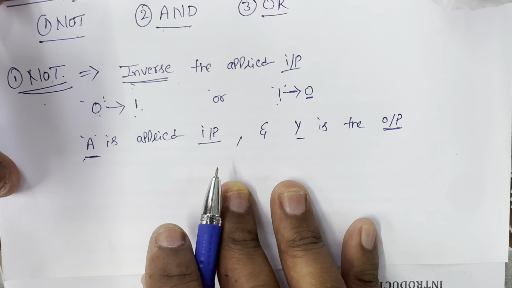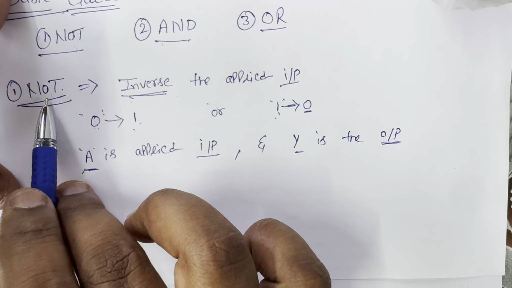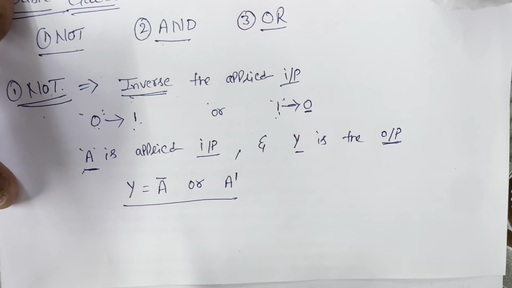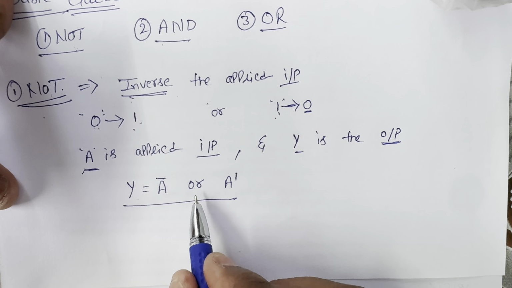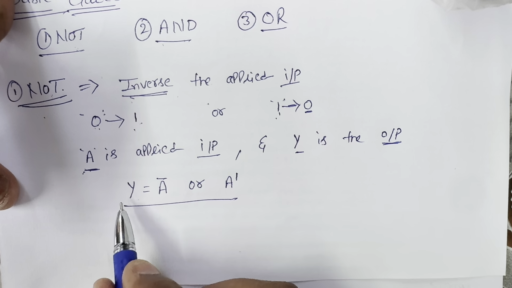Now we can write the mathematical expression for this NOT gate as Y equal to A bar, or A complement.